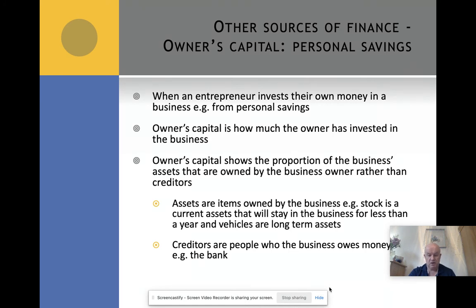Creditors are people that the business owes money to. So, for instance, if a business has got a loan out, then they have a long-term commitment to pay that back.